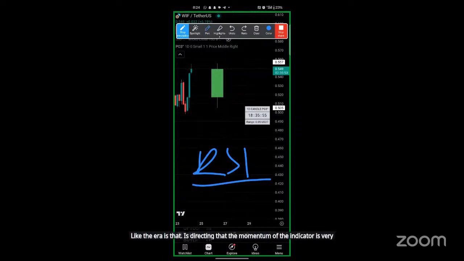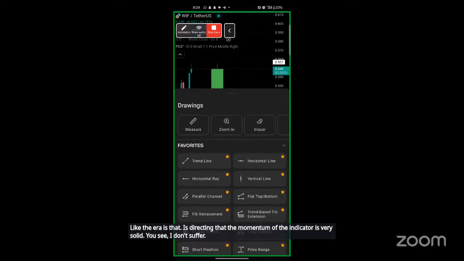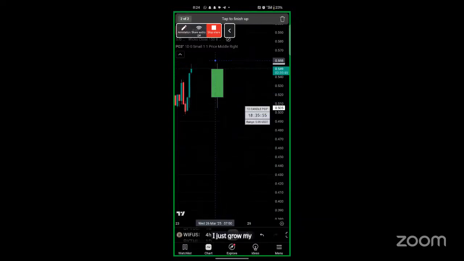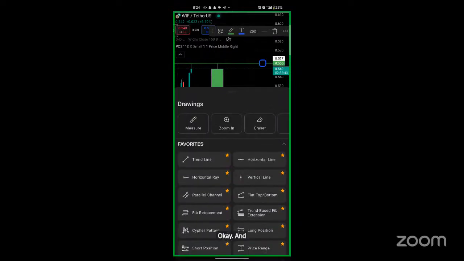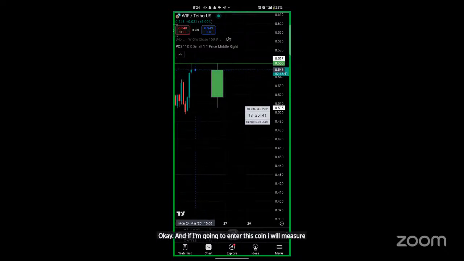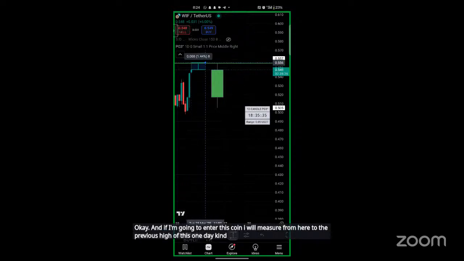You see, I don't suffer. I just draw my horizontal line to this highest price. Okay. And if I'm going to enter this coin, I will measure from here to the previous high of this 1-day candle. I'm just giving you an example.